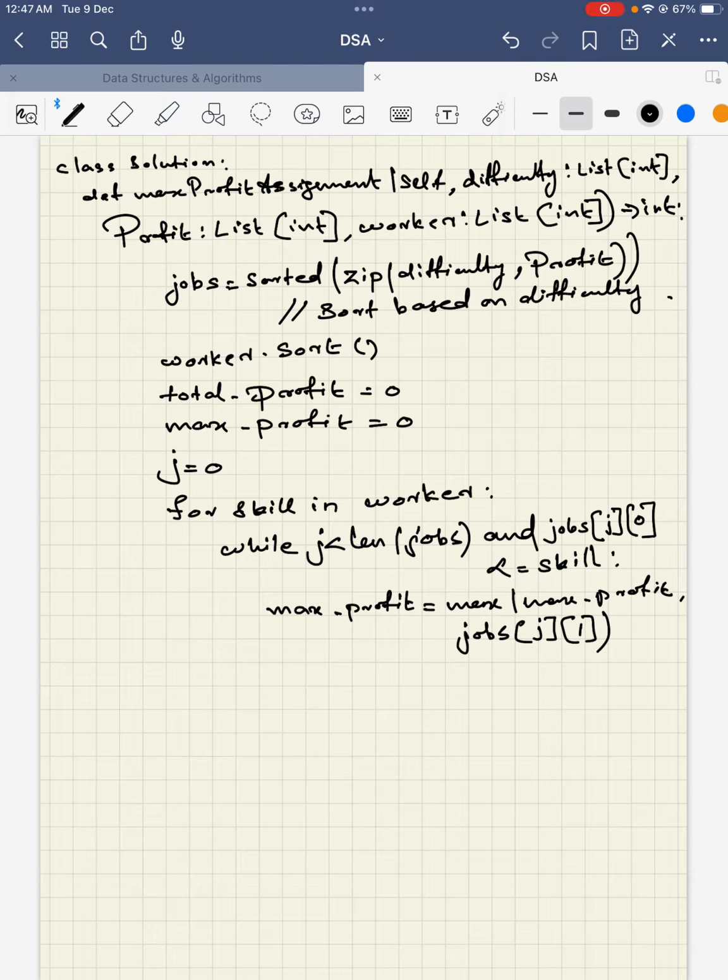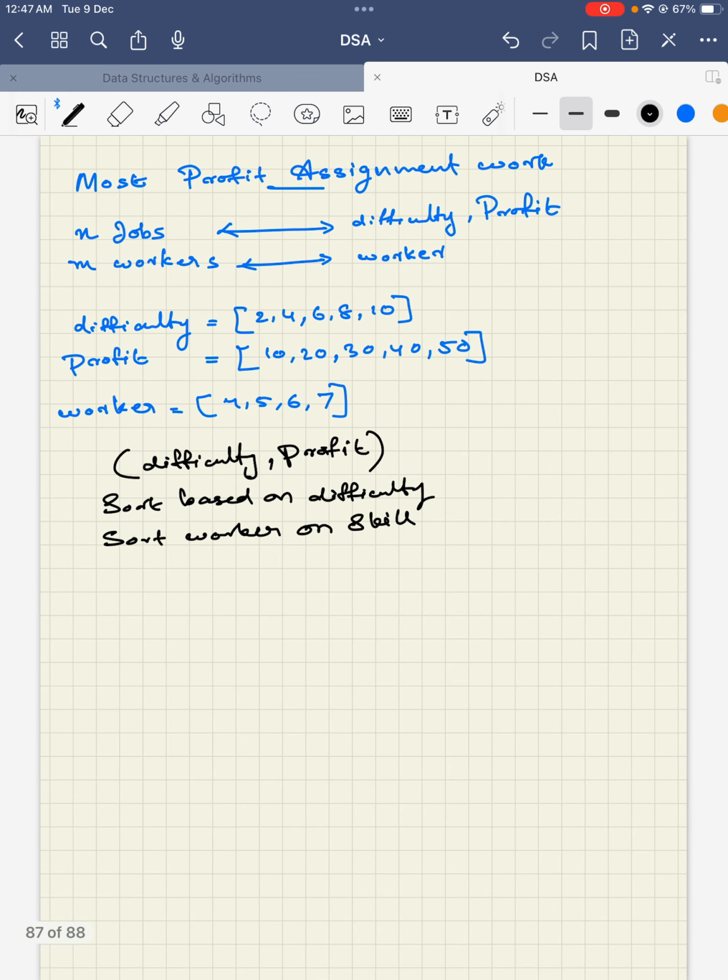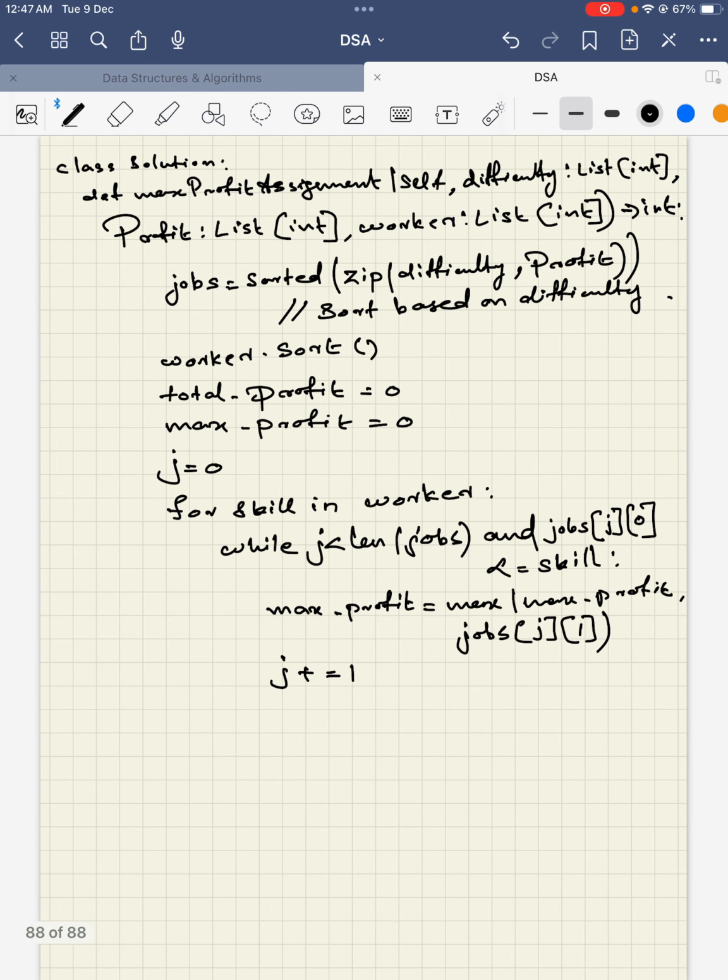Once this is done, we move the pointer, j plus equal to 1. Similarly, if j was here, it's going to move here, like that. That's what is happening here. And once the maximum profit for a particular worker with a particular skill is identified, we can add the total profit plus equals max profit. Since this is sorted, we don't need to reset the max profit or anything. And at the end, just return the total profit.